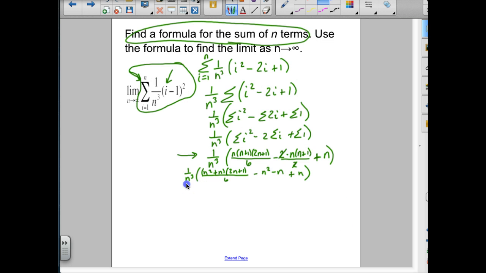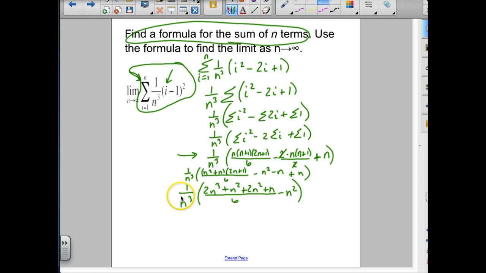Continuing to simplify, 1 over n to the third, and then this is 2n cubed, plus, using FOIL, n squared, plus 2n squared, plus n, and that's all still over 6, minus n squared, and then minus n plus n, I'm just going to add those together and get a 0 for that.